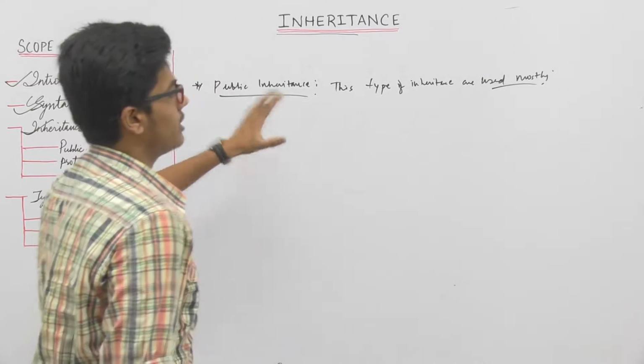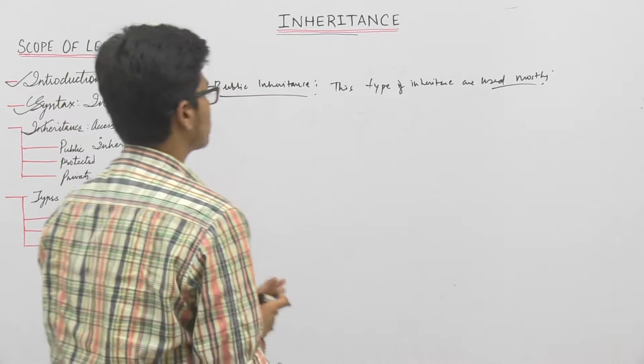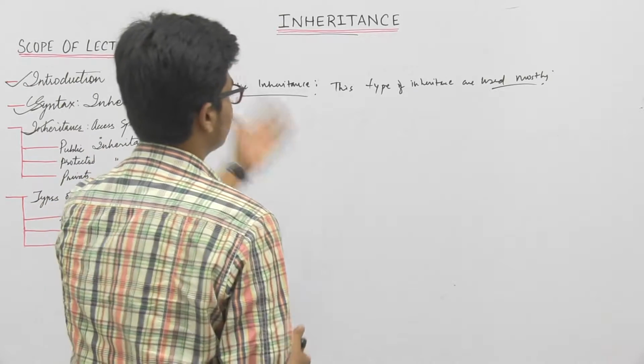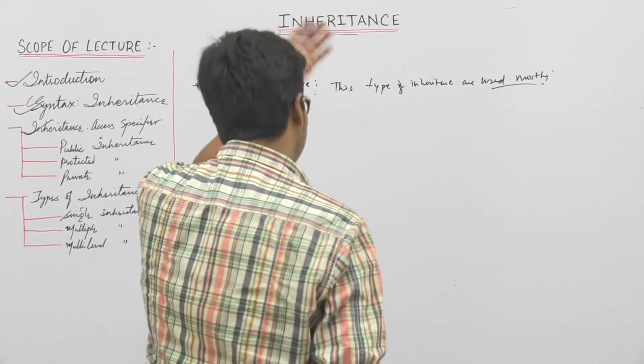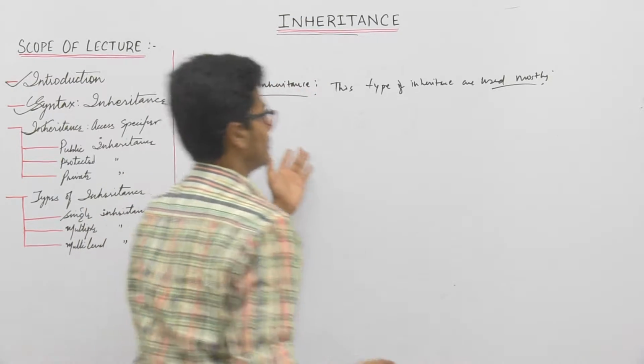Public inheritance is utilized in public mode. You can use a lot of data and access the data members through a public inheritance class. So through a public class you can access a lot of data from outside the class, and also from the derived class as well.